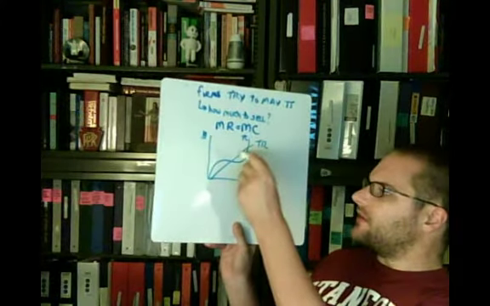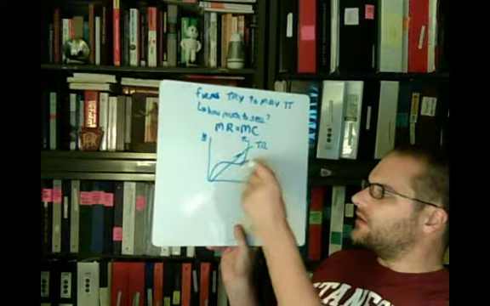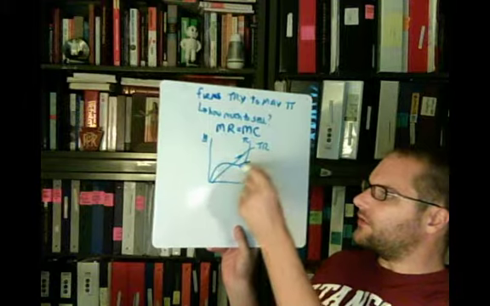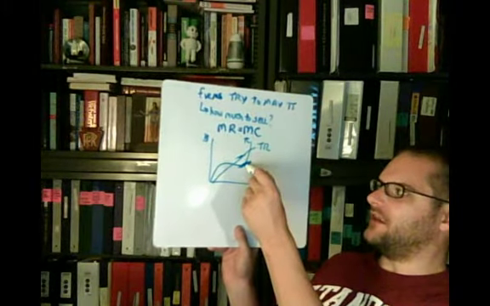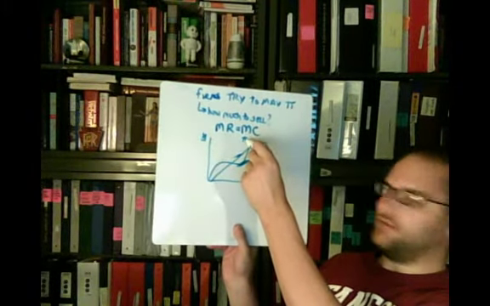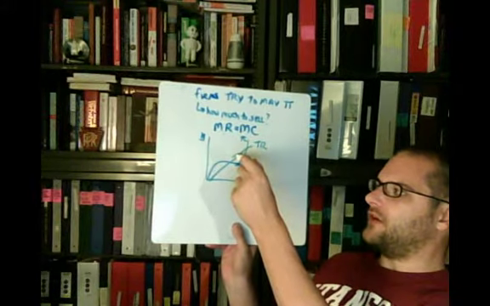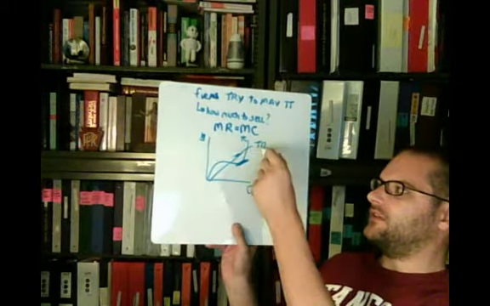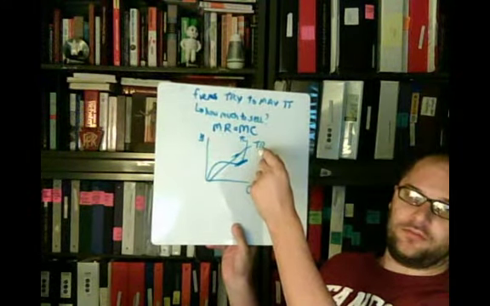Now, why would that be important? If we go back to the picture that we just had here, you would basically be finding the quantity where you could get the marginal cost, which would be the line of tangency to the total cost curve, and the marginal revenue, which is the line of tangency to the total revenue curve.